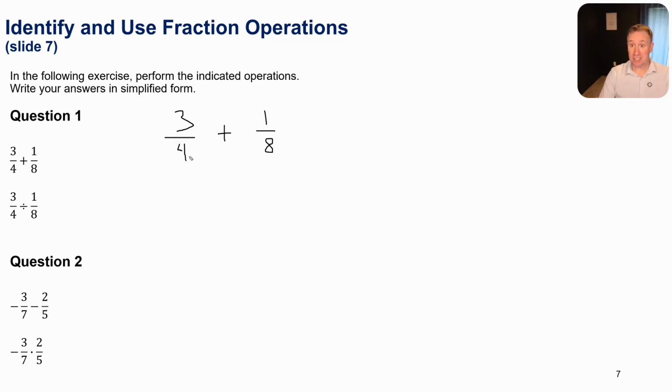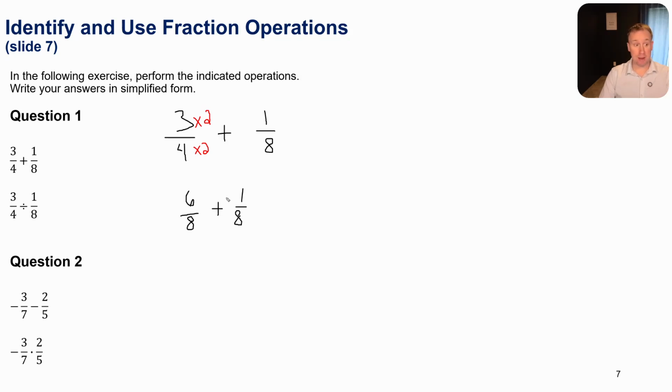The factor I multiply 4 by to get to 8 is a factor of 2. Whatever I then multiply in the bottom part of the fraction, I need to multiply in the top part of the fraction. So 3 times 2 as well. So rewriting my new fraction, I would have 6 over 8 plus 1 over 8.